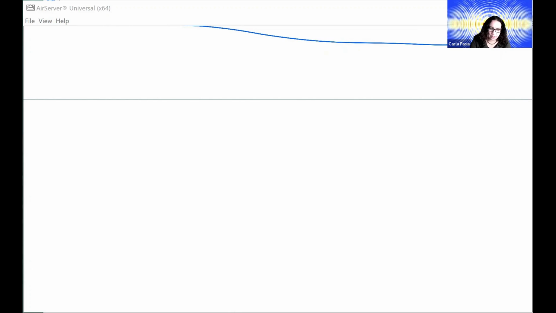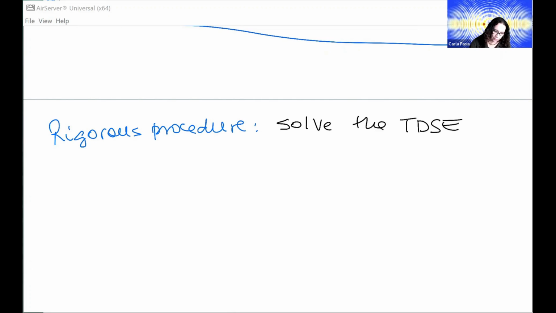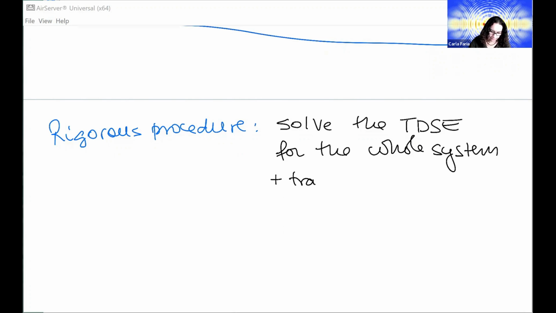So let me make a note that we could have a rigorous procedure, which would mean to solve the time-dependent Schrödinger equation for the whole system. Then you trace out the state of the field under a series of approximations.